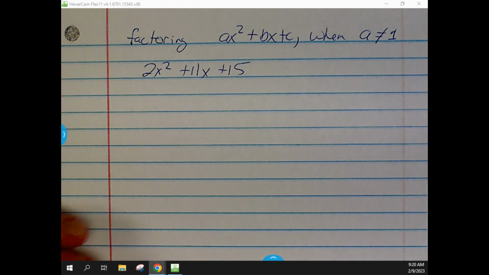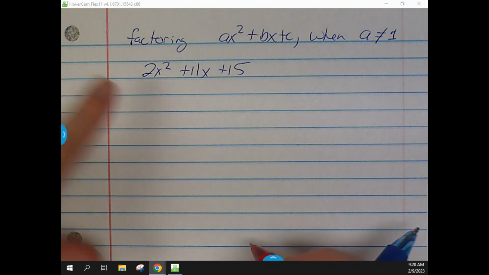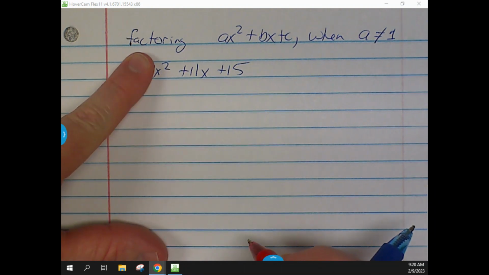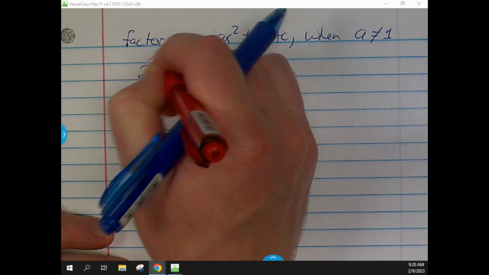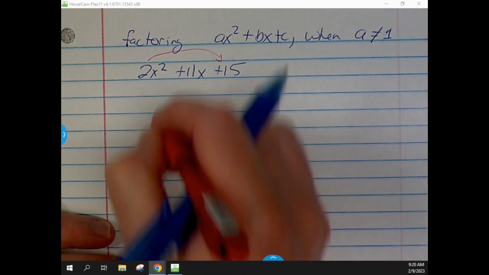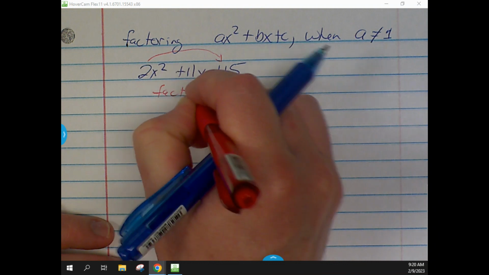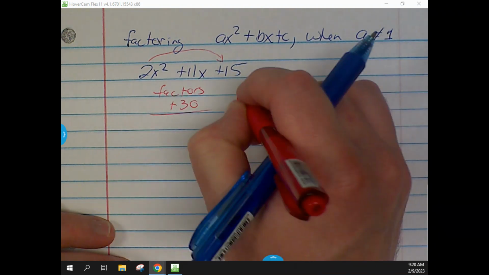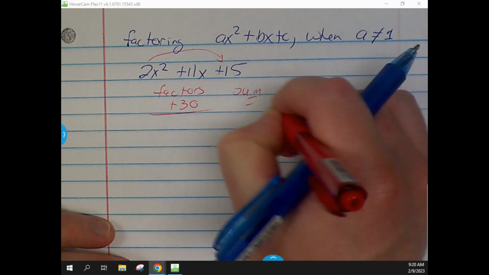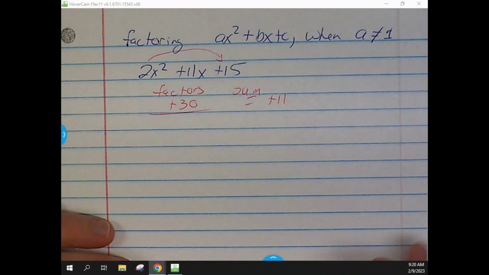All right, and again, very first step is, because the first number is not 1, if it was just x squared, we would just look for the factors of 15 that would equal 11. But because of the 2 in front, now we're going to multiply 2 times 15. So that's the factors of positive 30. And we want the sum to equal positive 11.